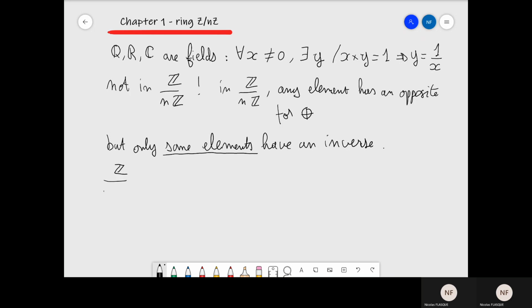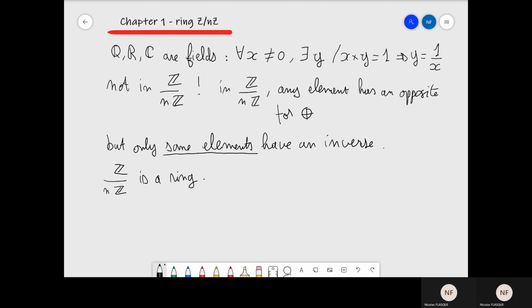So Z over NZ is not a field, it's called a ring. It's an algebraic structure where the rule of having an inverse for any element different from zero is not true.